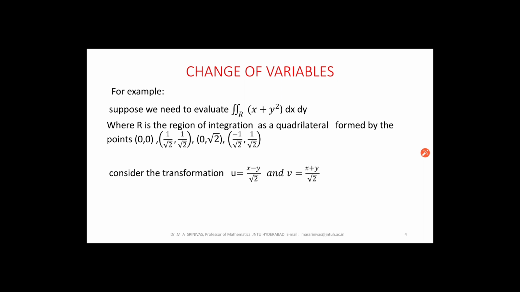Suppose in the XY plane, you have a quadrilateral region with the vertices 0, 0, 1 by root 2, 1 by root 2, 0 comma root 2, and minus 1 by root 2, 1 by root 2. These are the vertices of a quadrilateral.